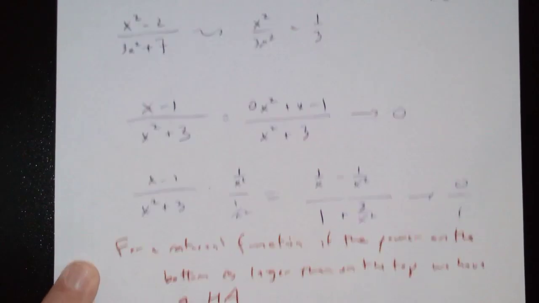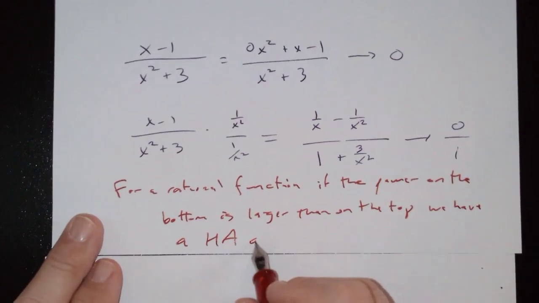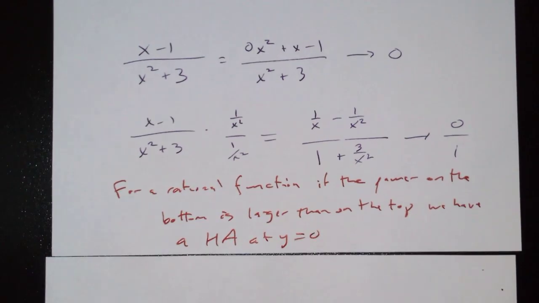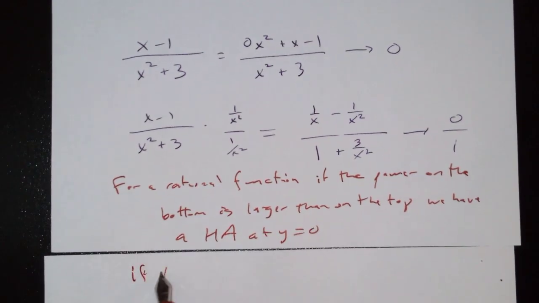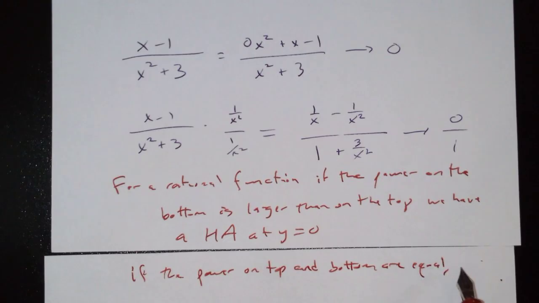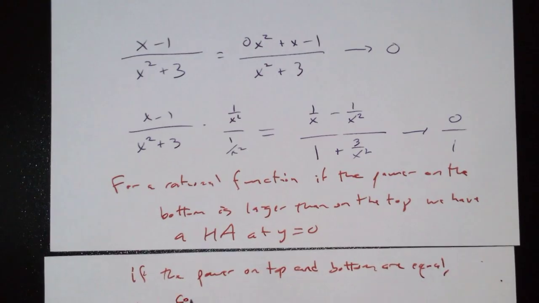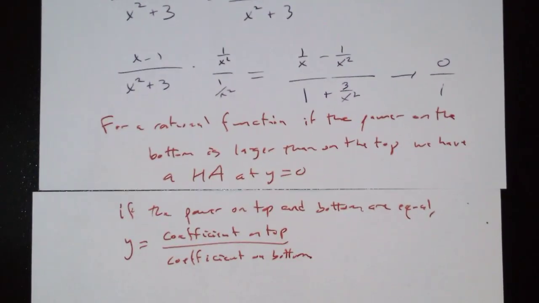I'm just going to write capital H, capital A for horizontal asymptote. If the powers on top and bottom are tied, use the coefficients.